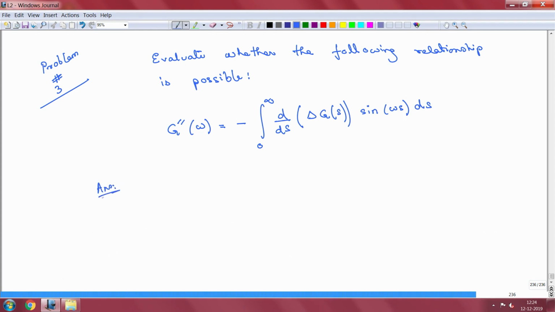So, to figure out whether this expression is indeed correct or not, we will go through the process we have seen before.